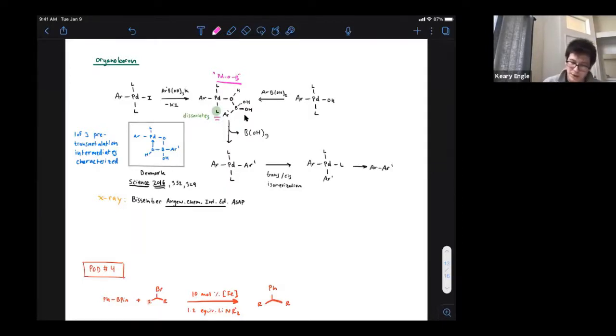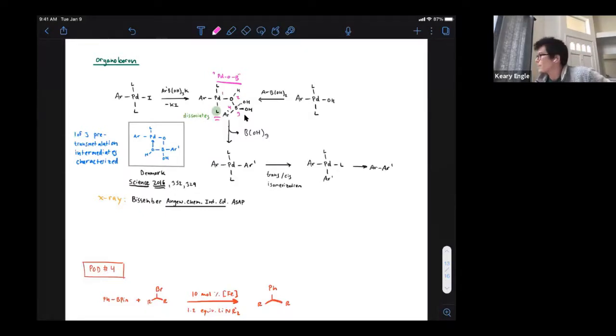Then you can imagine you have a free coordination site for the aryl group to swing on, and you get a four-membered transition state, 1, 2, 3, 4, where the aryl group is transferred. Loss of boric acid or deprotonated boric acid makes the trans diaryl palladium species, and again, we'll come back to these sequences in cross-coupling. That needs to undergo trans to cis isomerization prior to reductive elimination.